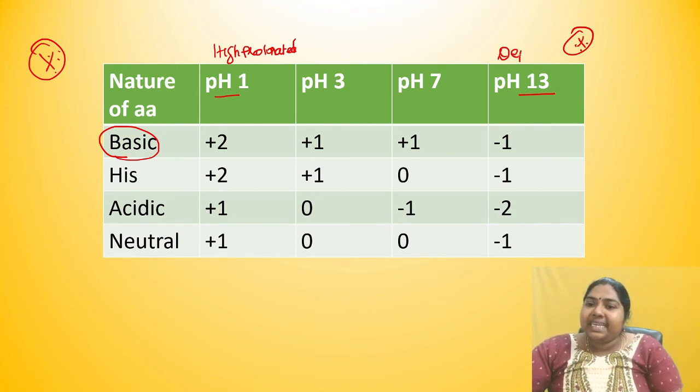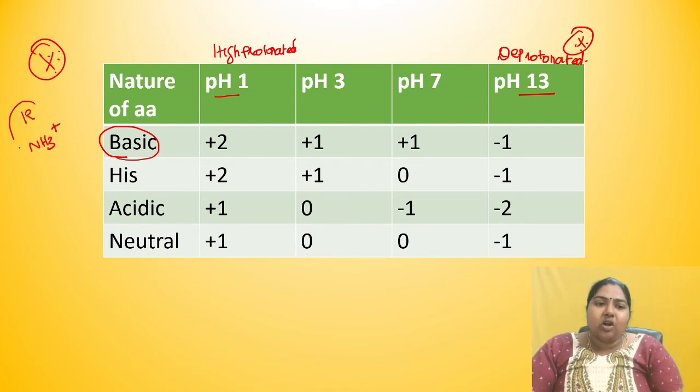It will be deprotonated. So that is the logic here. If I take the basic amino acid, I have my normal amino group, and apart from that, I have the R group. Both of them have the chance of getting highly protonated. So that is why for basic, at low pH, it is showing +2.